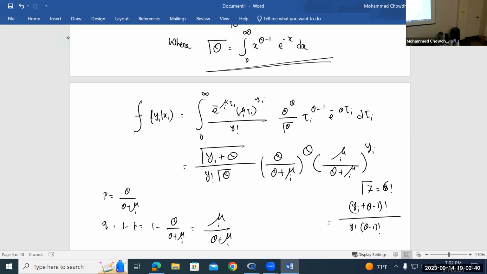So this could be written as y_i plus theta minus 1 choose theta minus 1. Are you understanding?